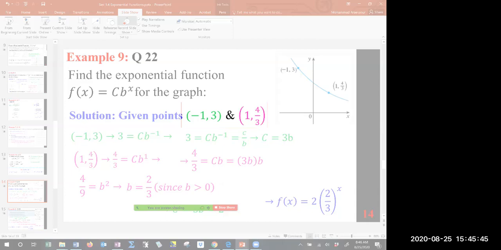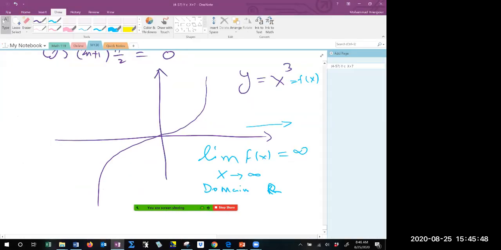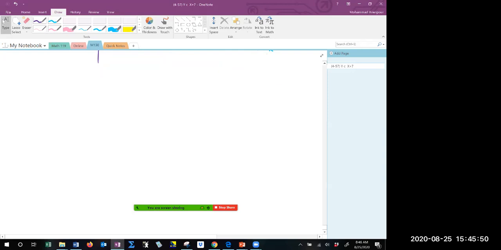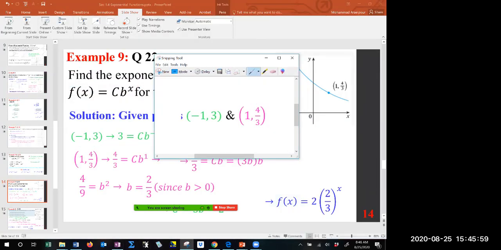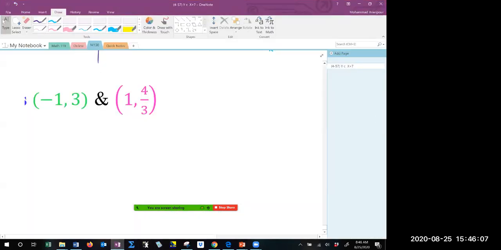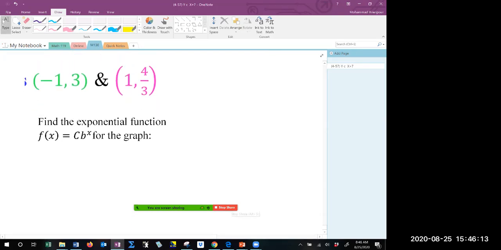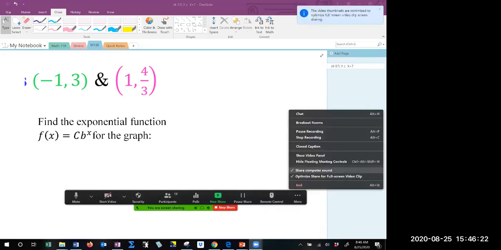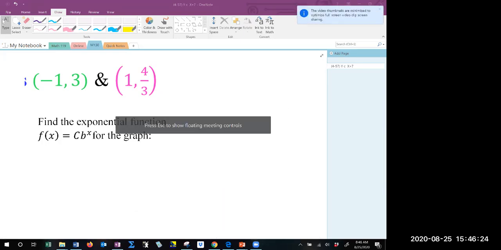Here is a question. I hope that will be more helpful if I put it here. Okay, so here's what we have. What I want you to see is really the following system of equations.